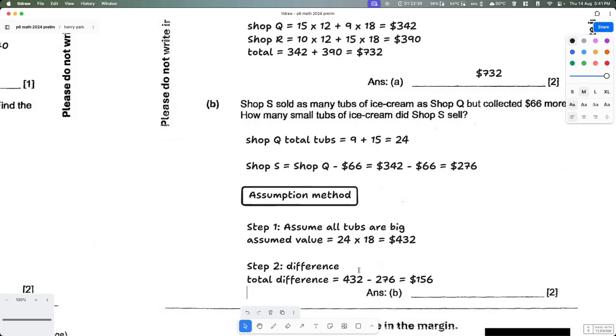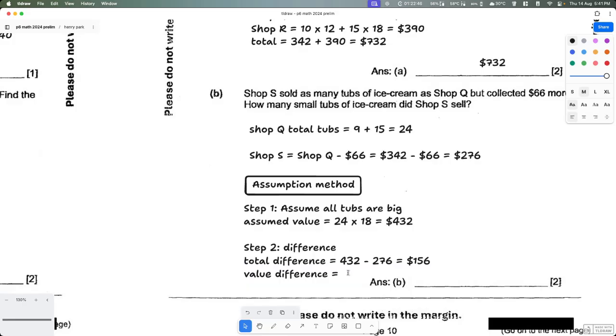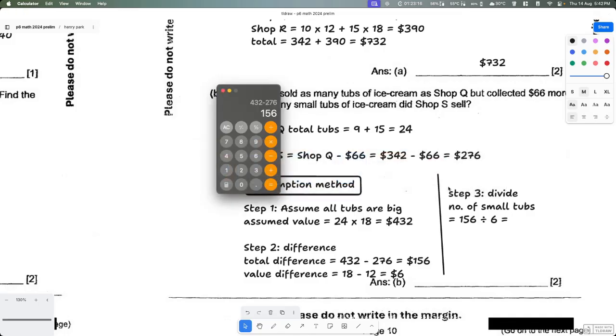And the value difference is basically 18 minus 12, which is equal to $6. Okay, and then lastly, step 3, we just divide. The number of small tubs is equal to 156 divided by 6.